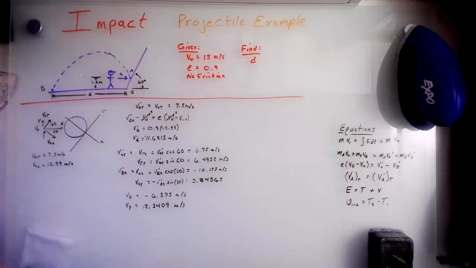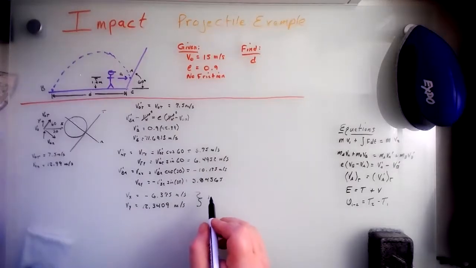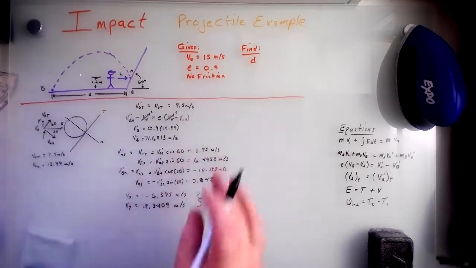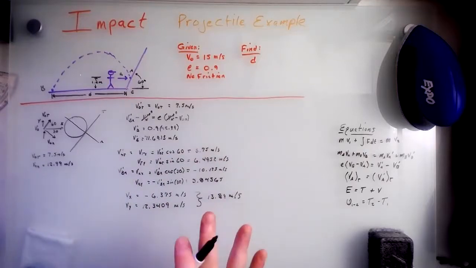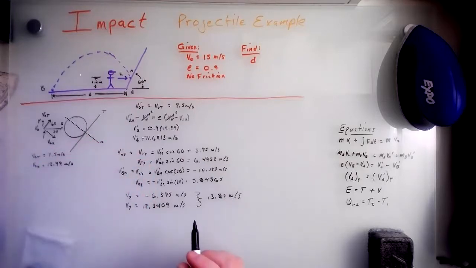When you combine these, just as a sanity check, it's about 13.89 meters per second, right? So it makes sense. We've lost about 10%, which is what we expect since this isn't moving.